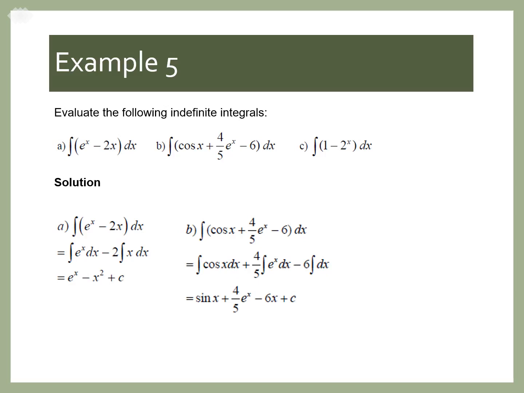Integrate 4 over 5 e^x is 4 over 5 e^x, and integrate negative 6 is negative 6x, and plus c. As for c, integrate 1 is x, and integrate negative 2 to the power of x is negative 2 to the power of x over ln 2, then plus c.